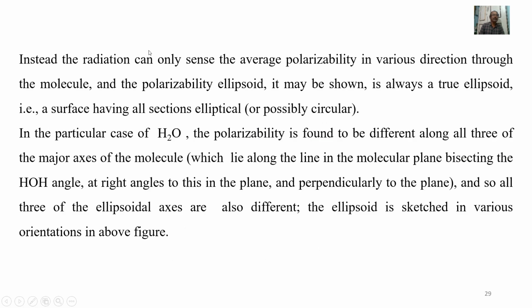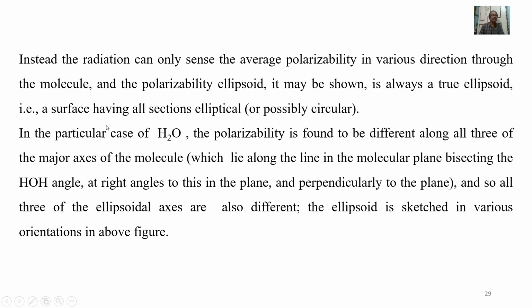Instead, the radiation can only sense the average polarizability in various directions through the molecule, and the polarizability ellipsoid, it may be shown, is always a true ellipsoid, that is, a surface having all sections elliptical, possibly circular.